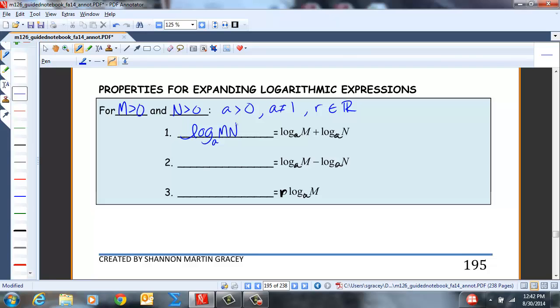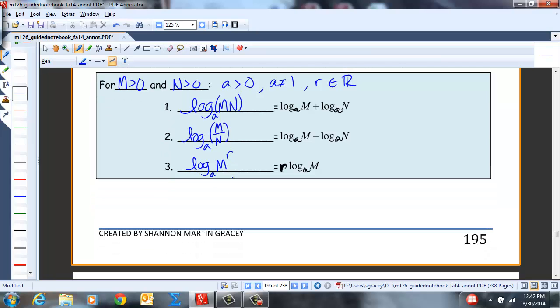To condense, you would write it as that product. Okay, so what's this one going to be? Log base a of? Perfect, m over n. If you want to do parentheses, you can. You don't need to. And then this one will be? Awesome, log base a of m raised to the r. So just a summary of the properties we just learned.